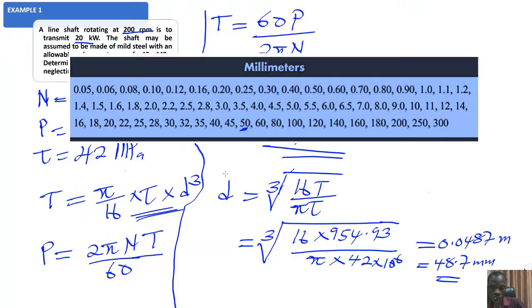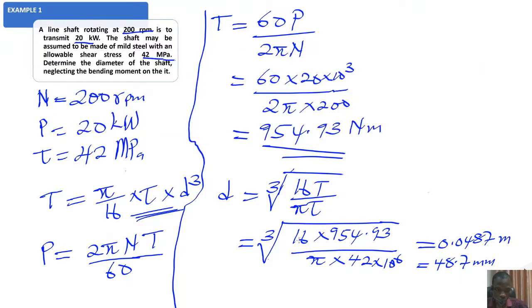So that size is 50 millimeters. We select that as the size for the shaft, so our D is approximately 50 millimeters.